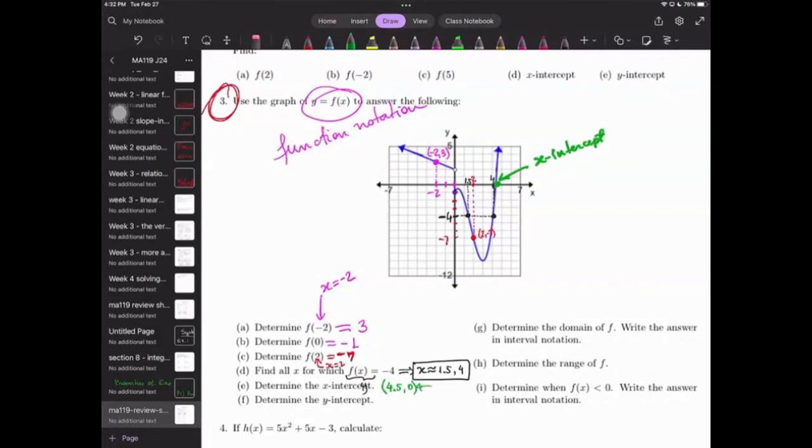That's the x-intercept. Okay. For part F, we have to find the y-intercept, so similar, but now looking for the point intercepting the vertical axis. And I have to clean my graph a little bit here so I can keep writing.